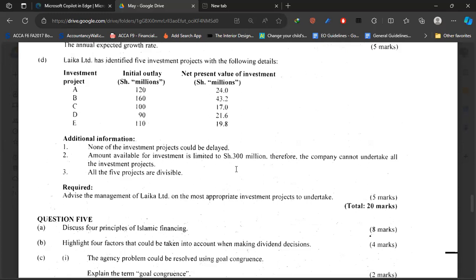Laika Limited has identified 5 investment projects with the following details. Investment, initial outlay, net present value of investment. A, initial outlay of 120 and NPV of 24.